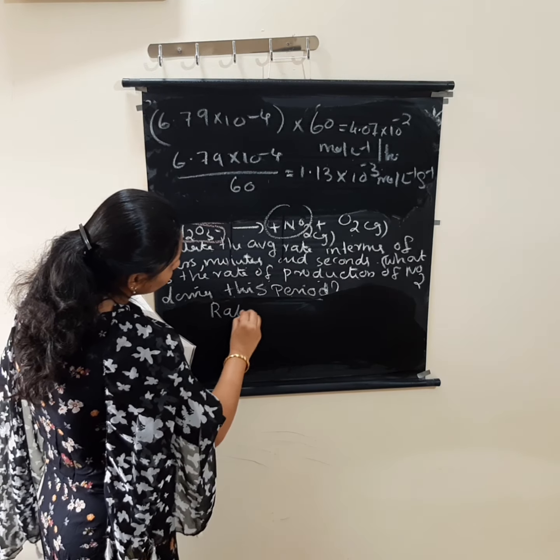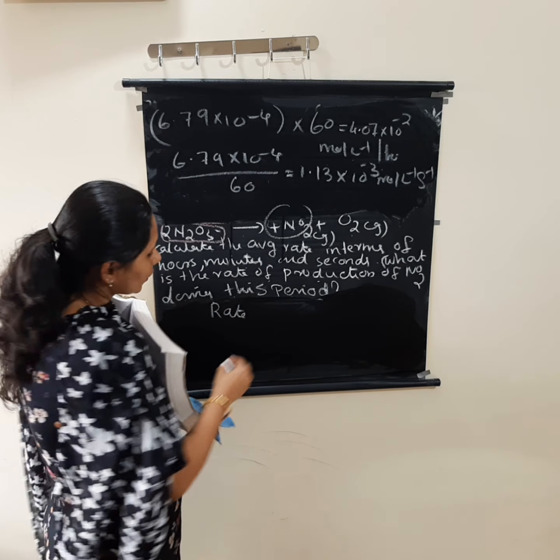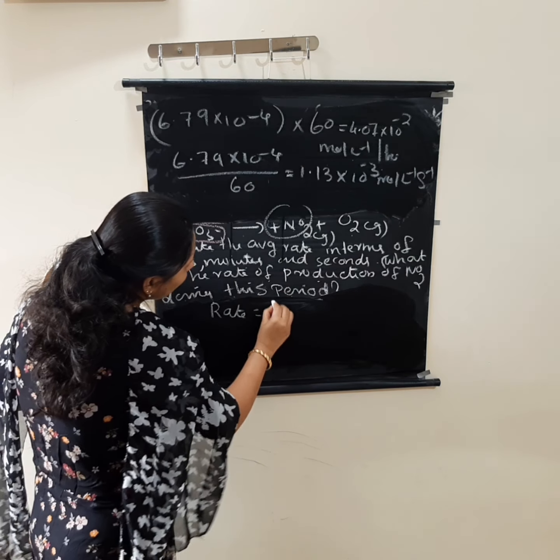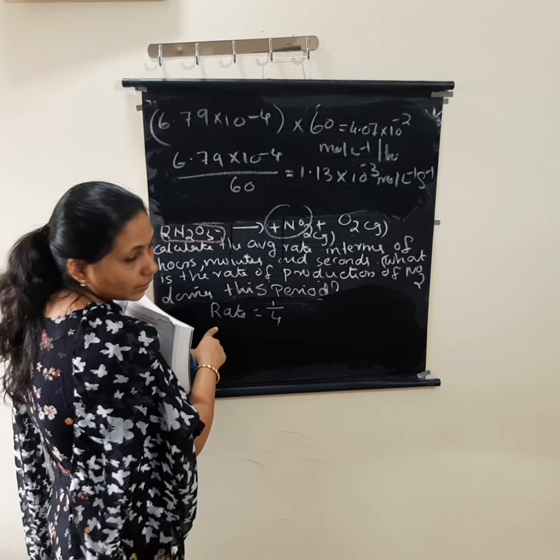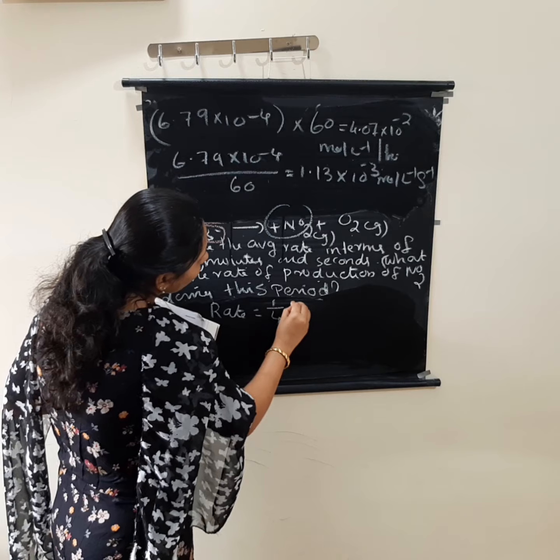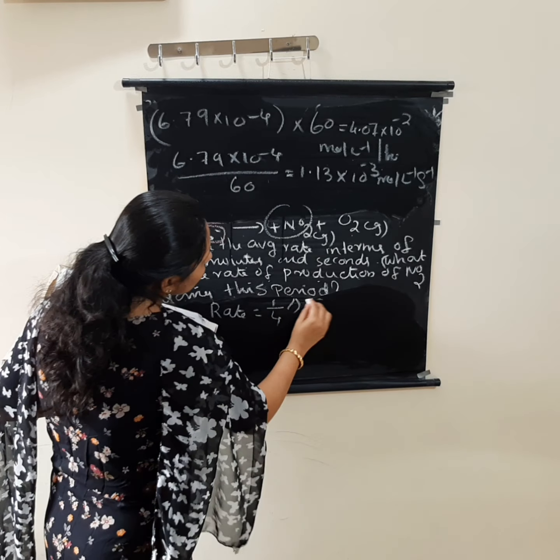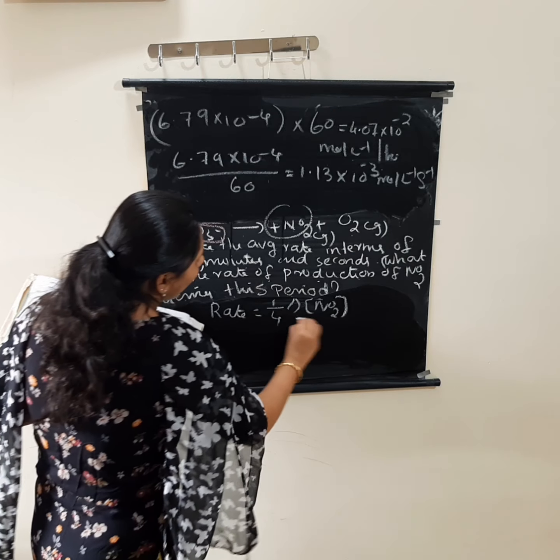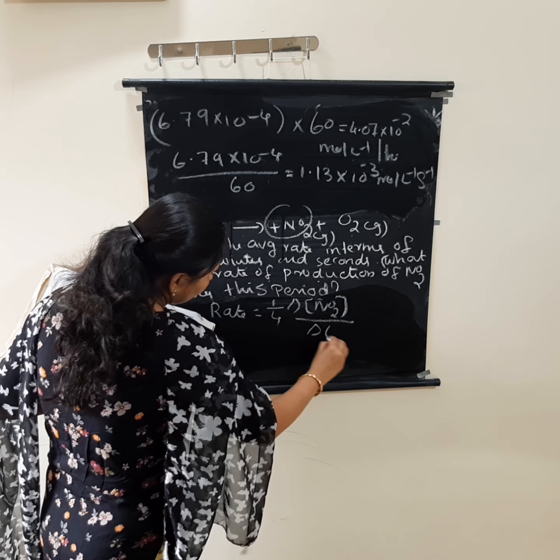Rate equal to 1 by 4, average rate, delta concentration of NO2 divided by delta T.